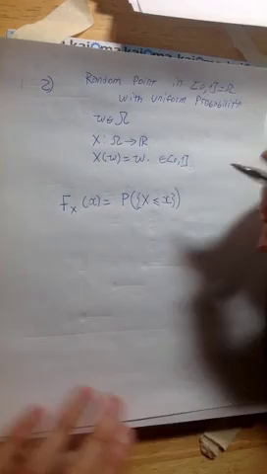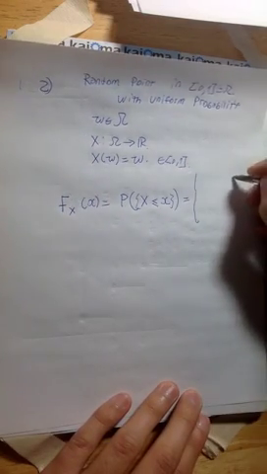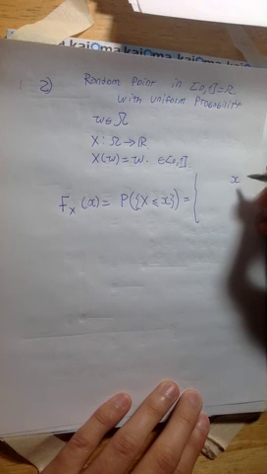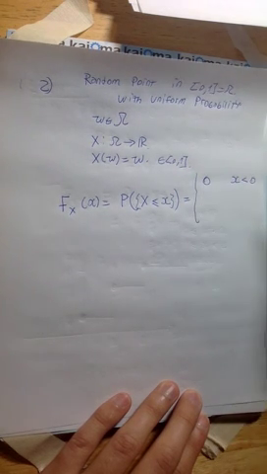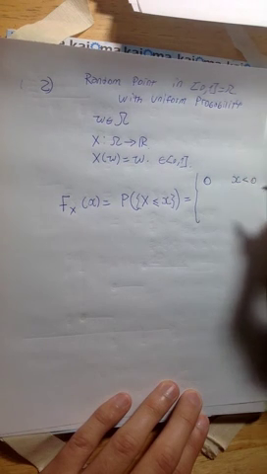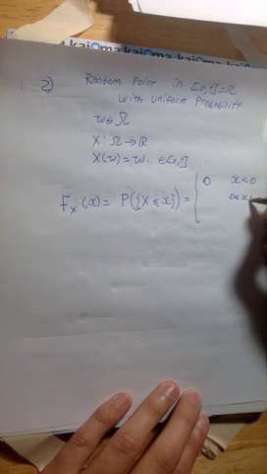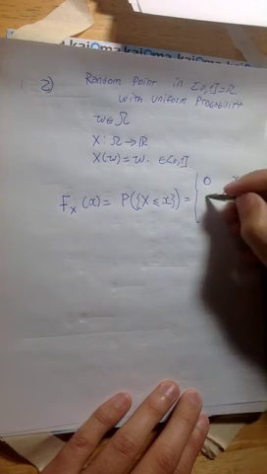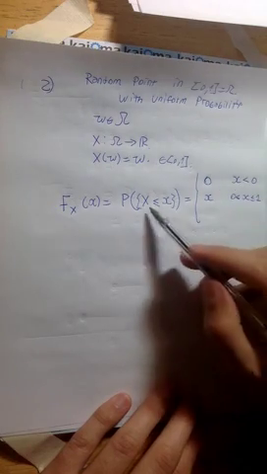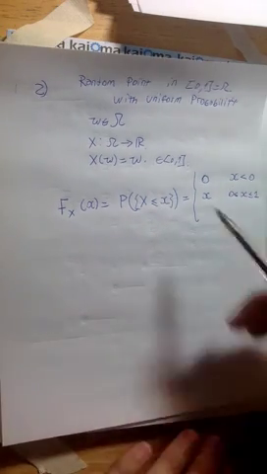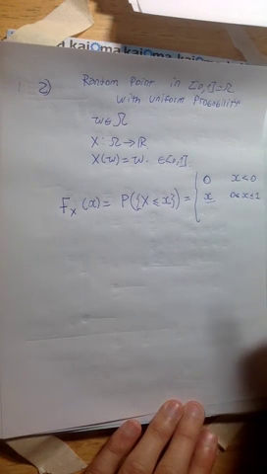Again, we will have a couple of different cases. If x is less than 0, you clearly get 0. If x is between 0 and 1, we get x, because the probability of being in a certain interval is just the size of the interval, and the size of the interval in this case is x.